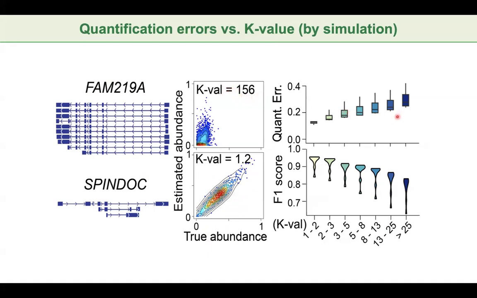And for a more general result in the whole transcriptome, the quantification errors show apparent positive association with k-value across all the genes. And when applied to differential expression analysis, the F1 score decreases as k-value increases, implying increased quantification error.